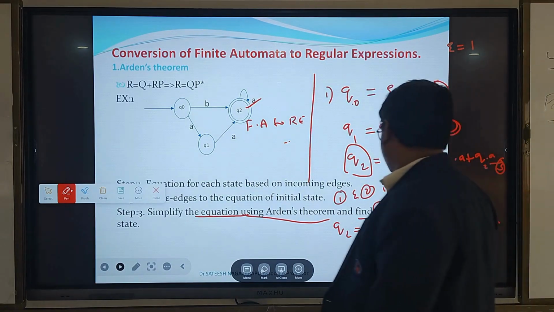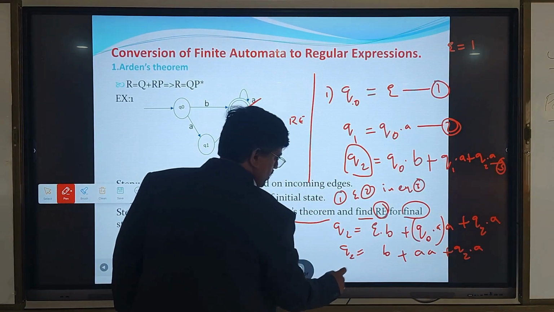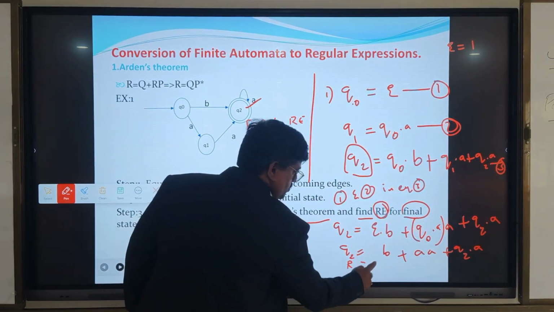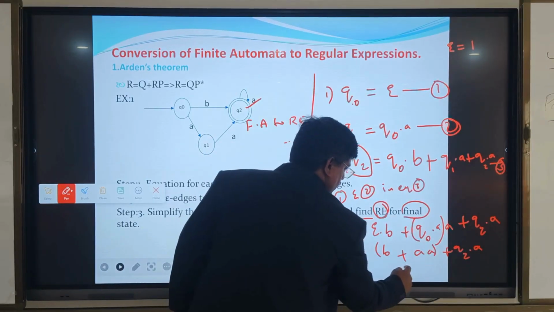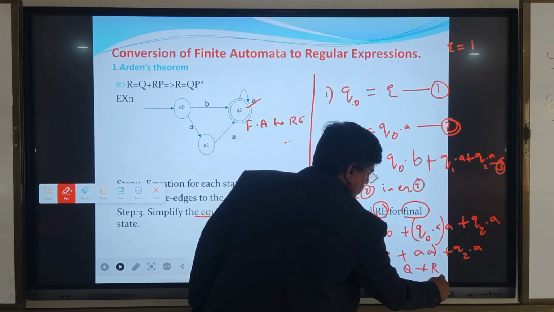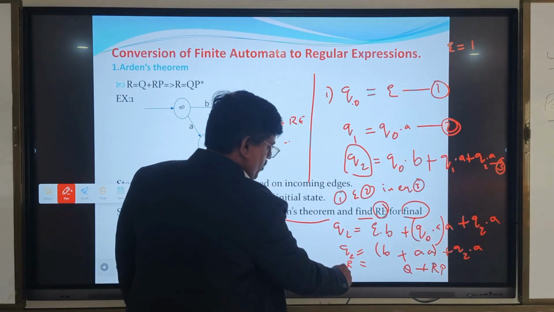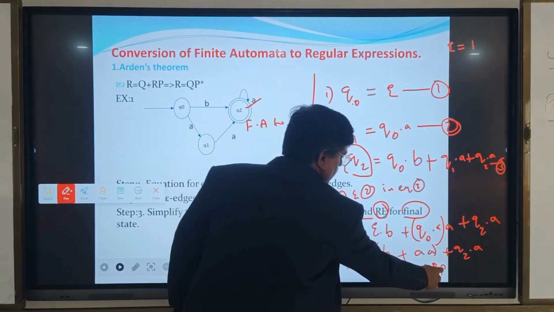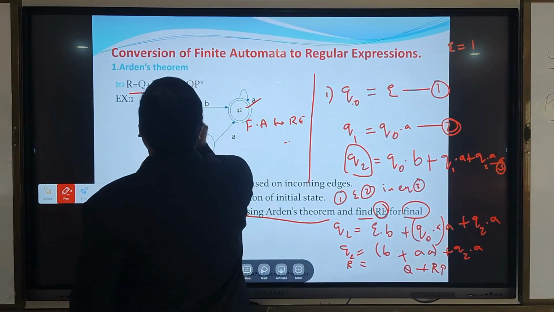Now if you look at this statement, it looks like R equals Q plus RP, which is nothing but Arden's theorem.